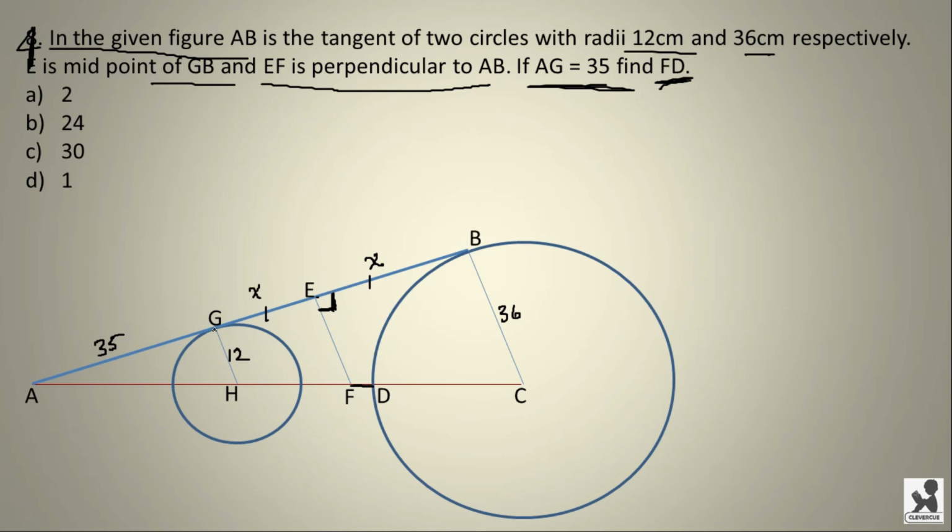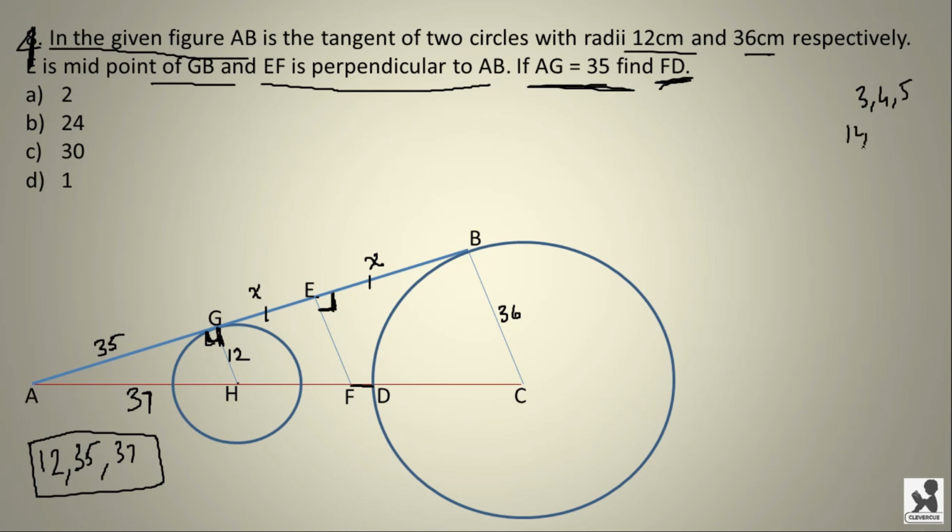So let us consider the small triangle AGH. In the triangle AGH, this is 90 degrees because it is a tangent at point G and G is connecting with center H. So 35 and 12, 37 is the pair. 12, 35 and 37 are Pythagorean triplets. We have to learn all these, like 3, 4, 5.